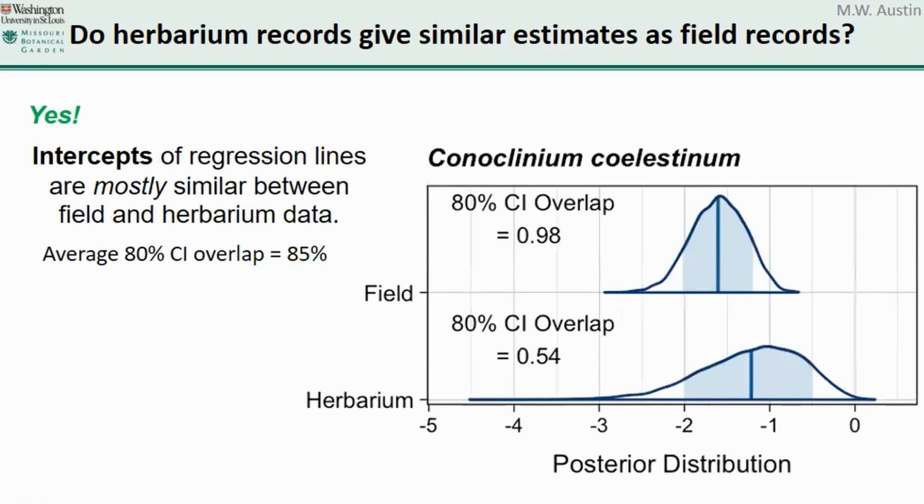And for the intercepts of those slopes, there's slightly less overlap, but on average across species, it is still 85%, indicating again that herbarium data can be used in the absence of field data to produce estimates of how co-flowering has changed across the past century.